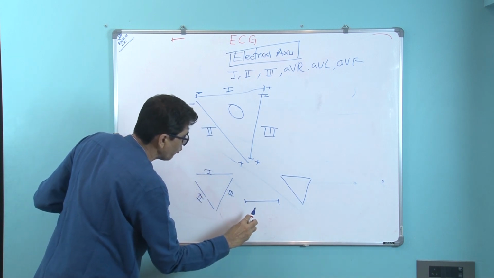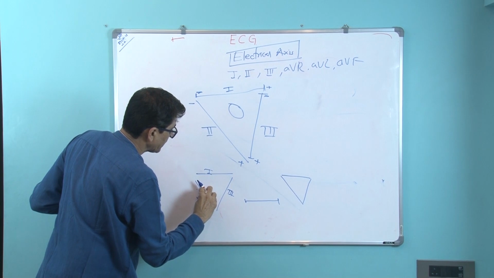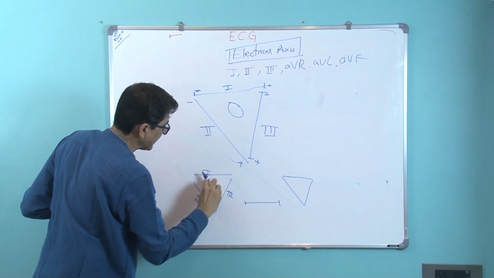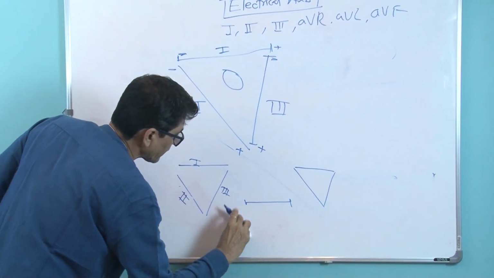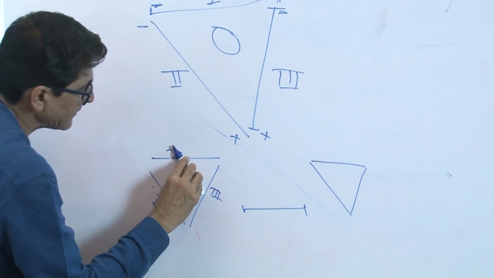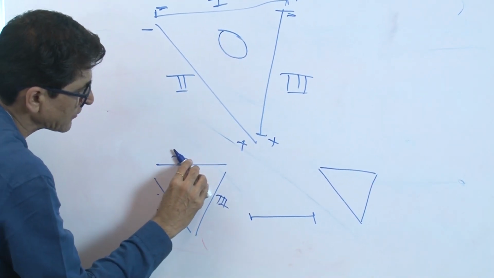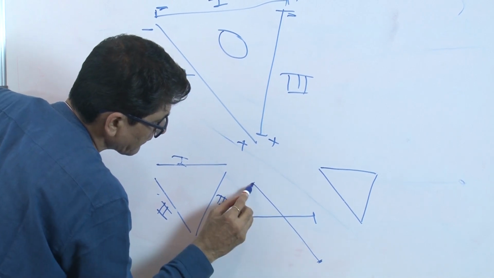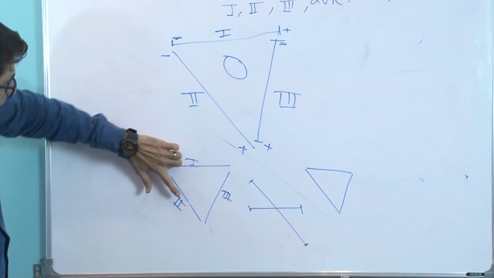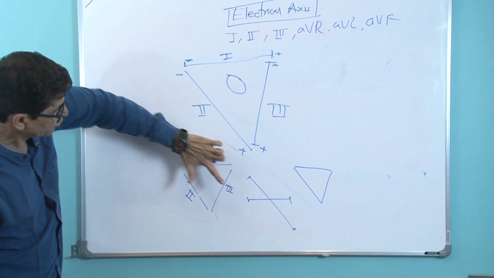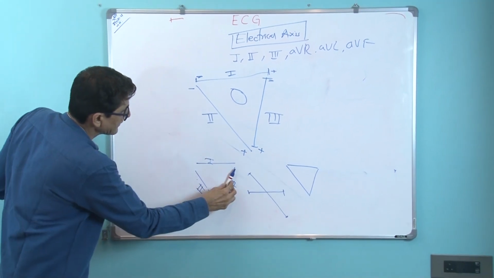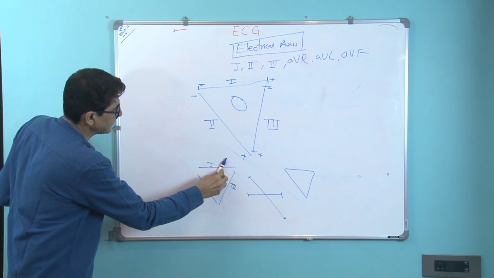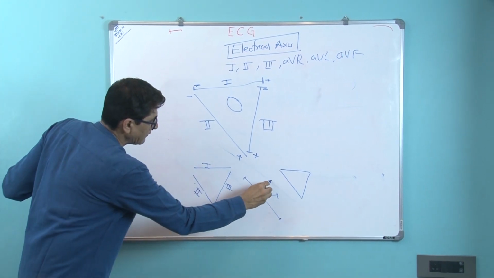So if I move this like this, watch carefully, it will be like this. See, this is coming here, and this will come like this here, so lead 3 will come here.